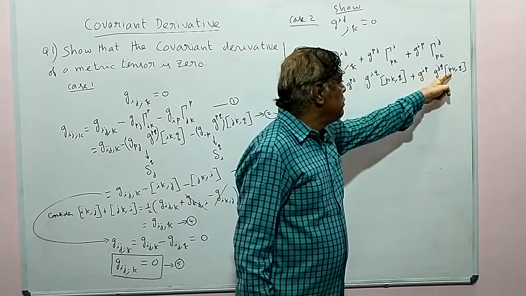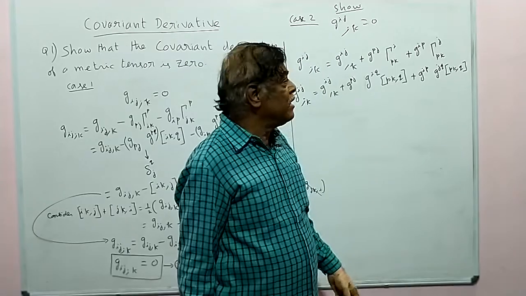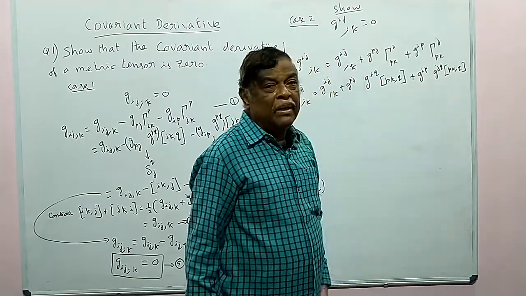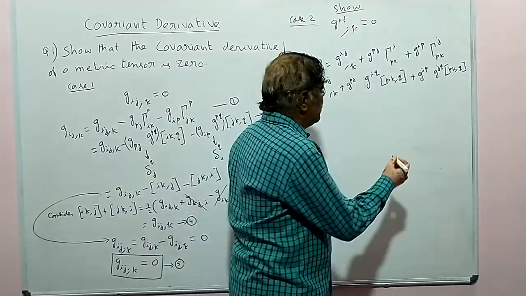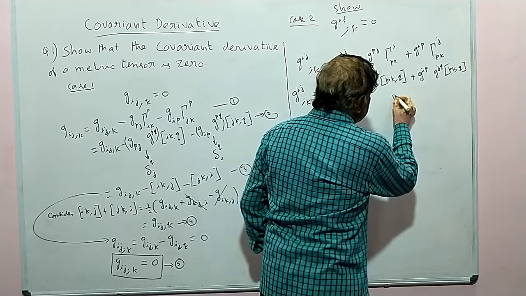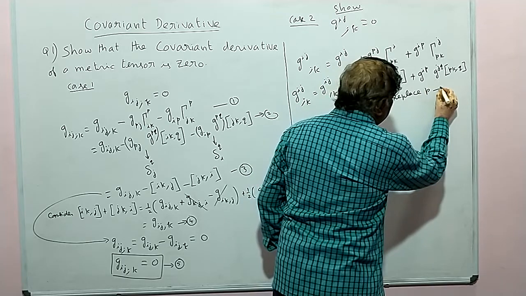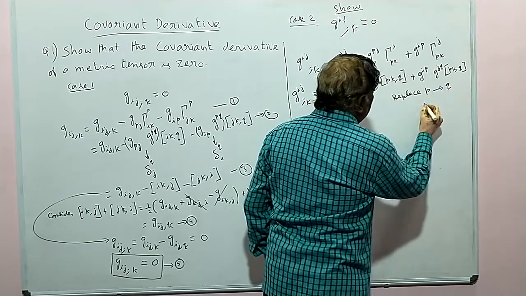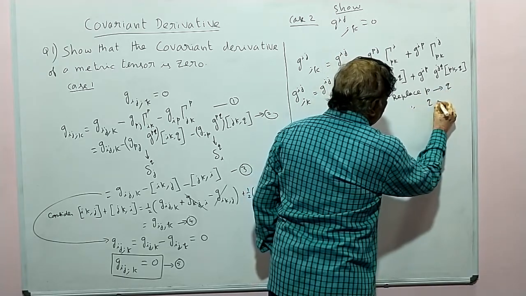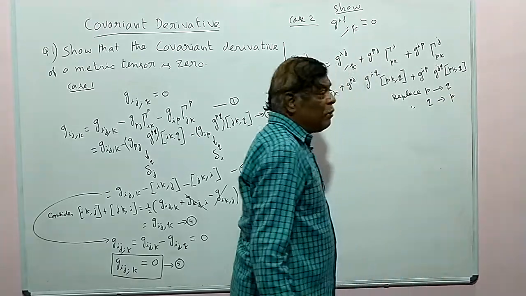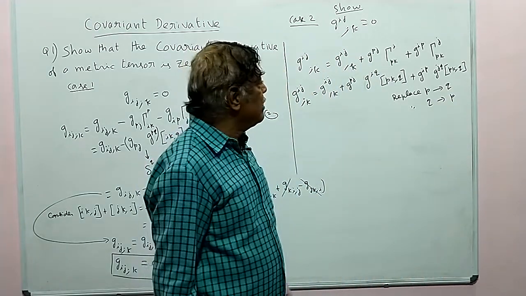Now for convenience, replace p by q and replace q by p, since they are dummy indices.